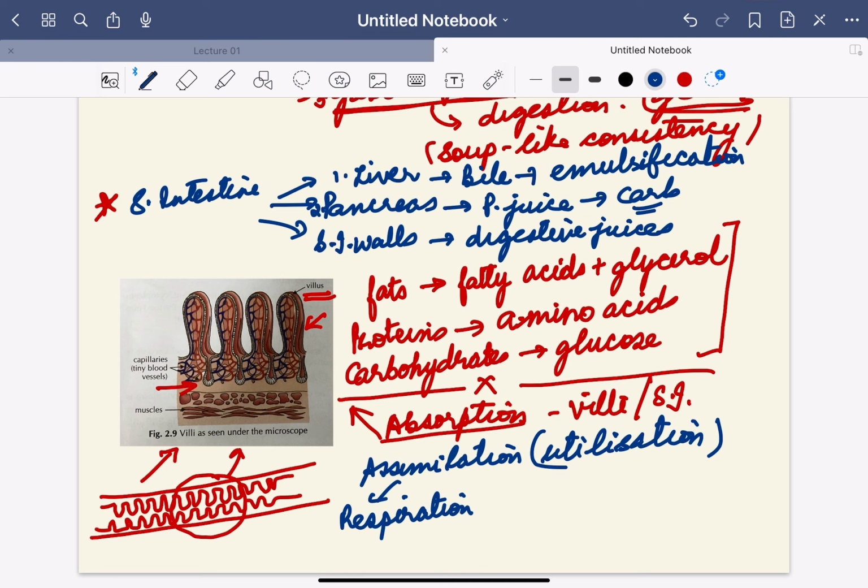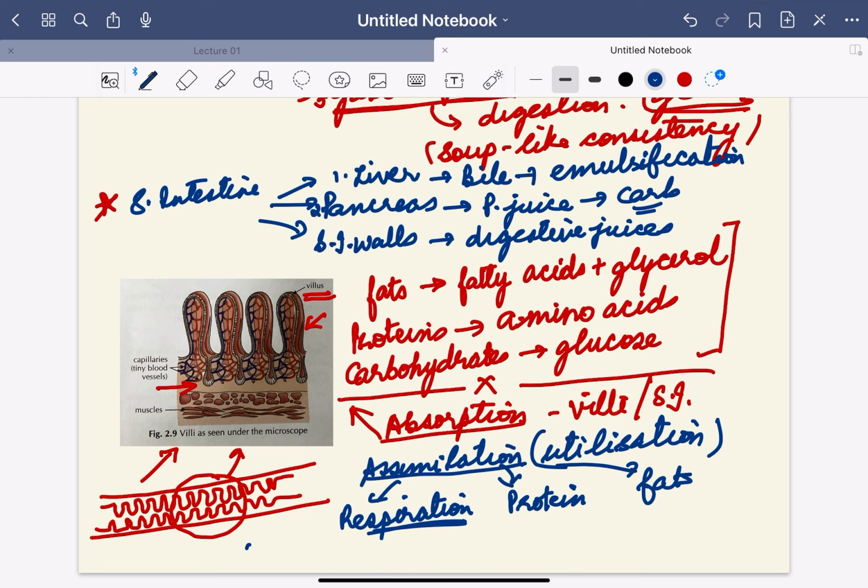Formation of new protein molecules and storage of fats in various parts of our body are all part of assimilation. Respiration is going to give you instant energy, so this comes under assimilation. It means utilization of the digested food inside the body.